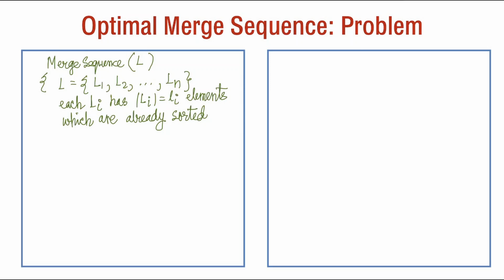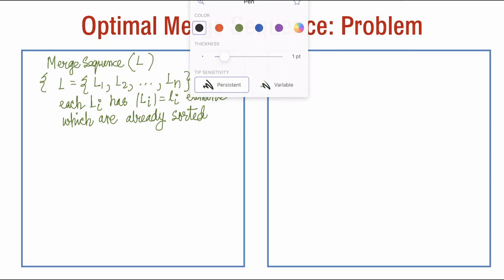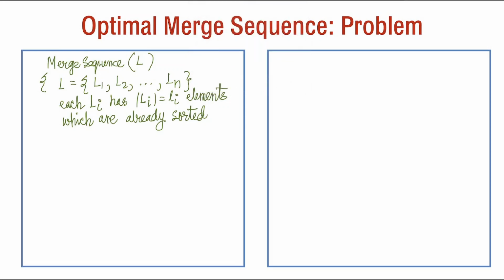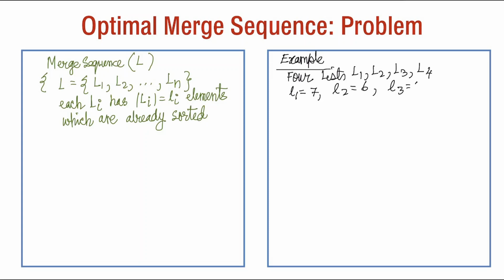Let us assume for the time being, as an example, that we are using 4 lists, L1, L2, L3, L4, where the sizes are L1 equal to 7, L2 equal to 6, L3 equal to 2, and L4 equal to 12.